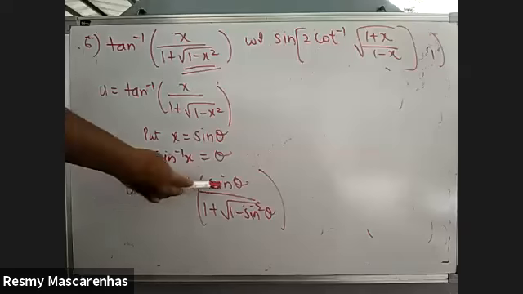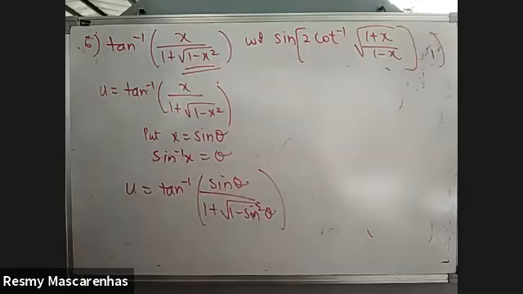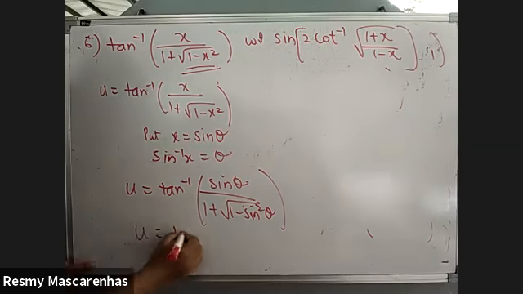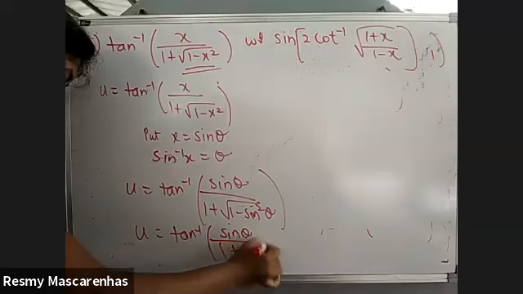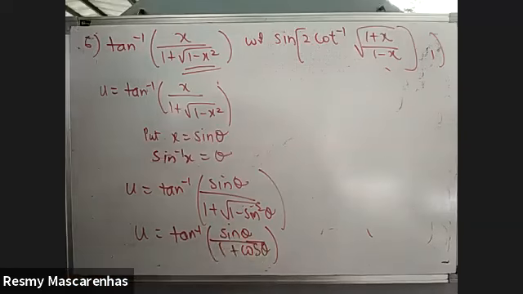And this also you have to split, sine theta as 2 sine theta by 2 cos theta by 2. So like this you will get 1 plus cos theta after cancelling root and square.